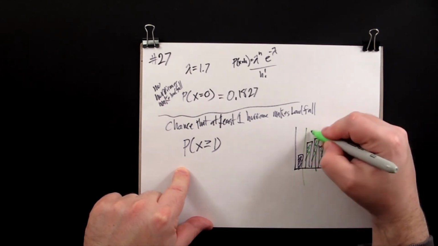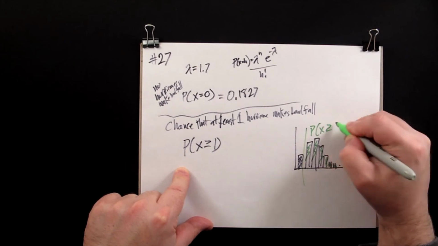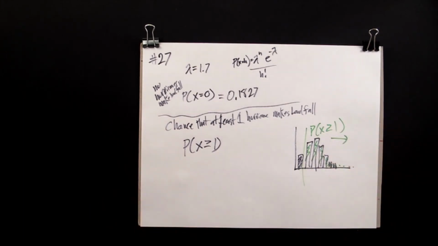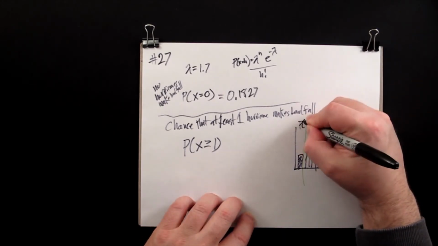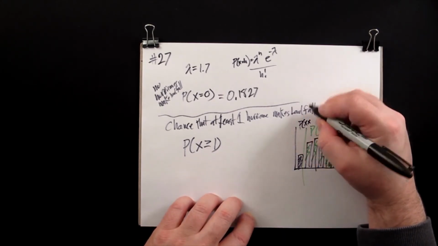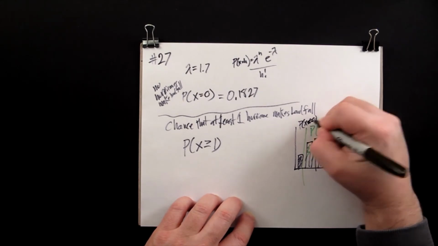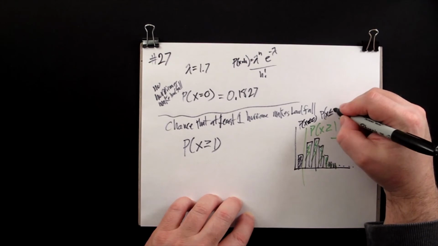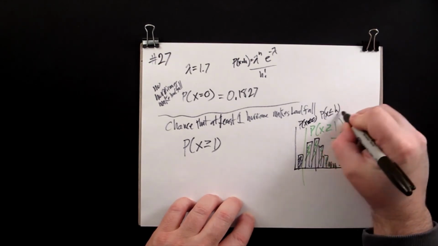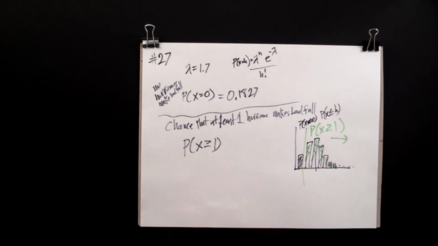So this is for P of x greater than 1 is in that direction. But the one we can quickly calculate is equal to 0, or you could also do some other value. That's relatively quick to calculate.